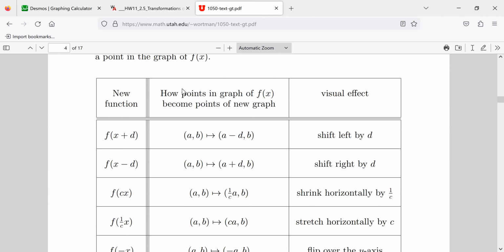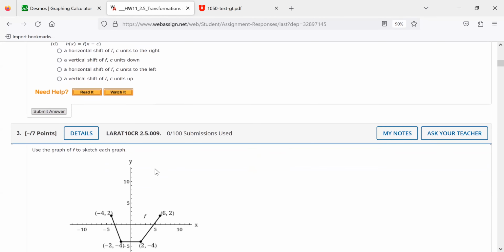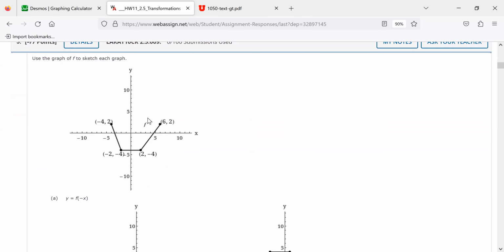If it's plus, shifted to the left. If it's minus, shifted to the right. So left and right. No, I'm not writing. I'm just showing you the PDF. We're just looking at the definitions. Okay. Alrighty. So if this is some function f, obviously that would be a piecewise type.